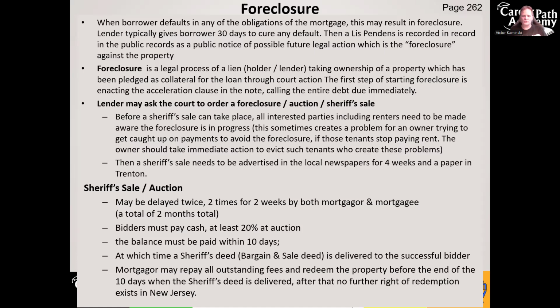Can somebody get foreclosed on if they paid off the majority of their loan? They owe very little money on their house. Can they still get foreclosed on? Yes. So this does happen where people do get foreclosed on, where they have the majority of the loan paid off.